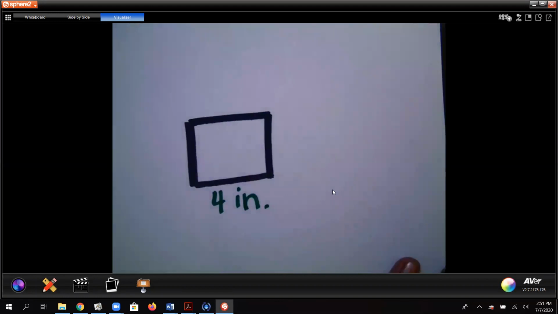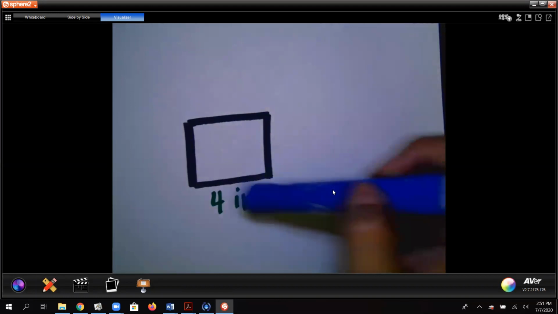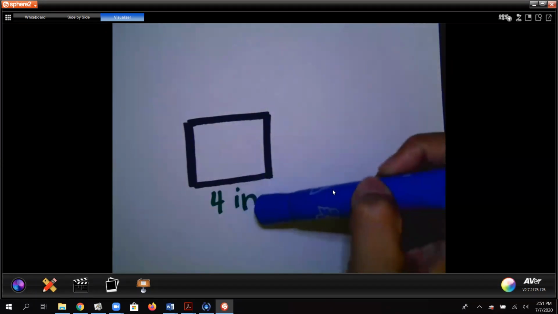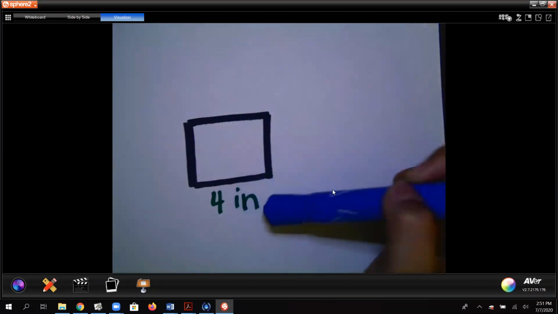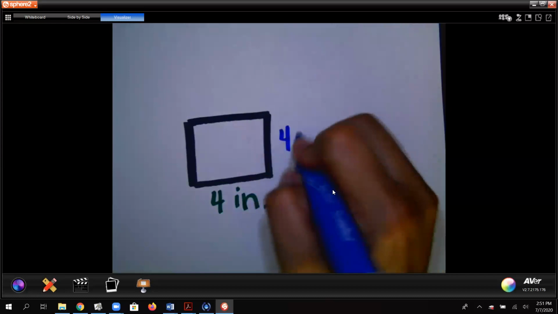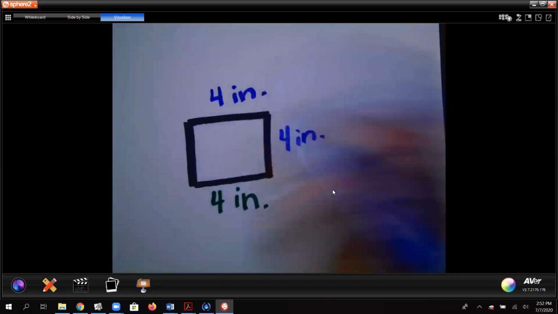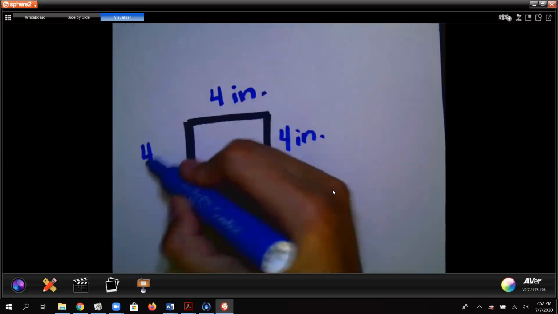Some might say square, some might say rectangle. We know it's a square because they only provide one side length. So we do have to infer that if this is 4 inches, all of it is 4 inches. A square has congruent sides: 4 inches, 4 inches, 4 inches.